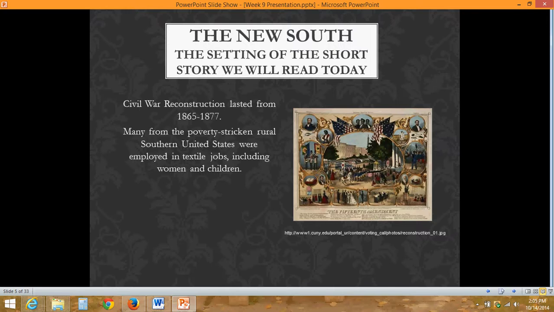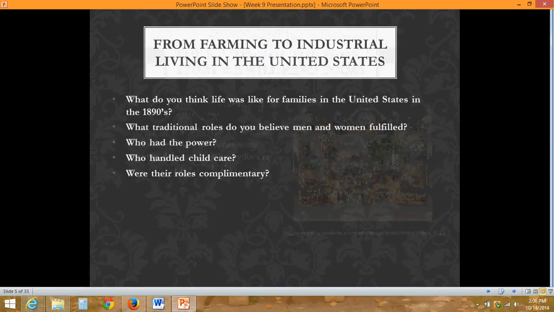So innovations such as textile industries and these big industrial complexes were created, and everyone would go to work because they didn't have much money. Even the children would go to work at these places as well.